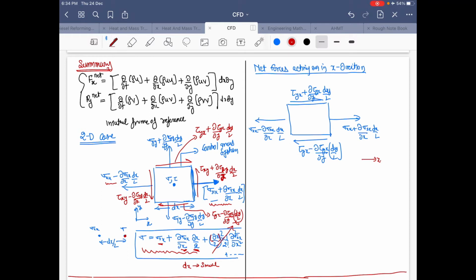So these are the components acting in the x direction, and plus there will be one body force in the x direction. Basically the body force is Bx, that is a body force per unit volume.